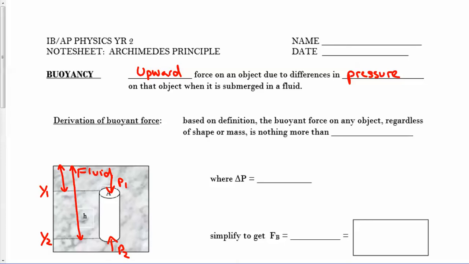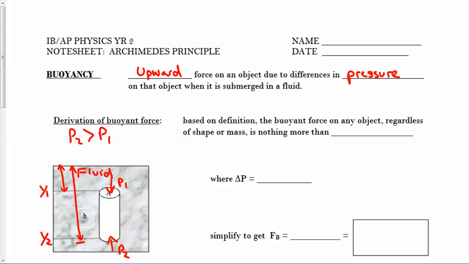Now the basis of this is that P2 has to be greater than P1, because the surface exposed to P2 is deeper, so there's a greater depth, and therefore a greater pressure.